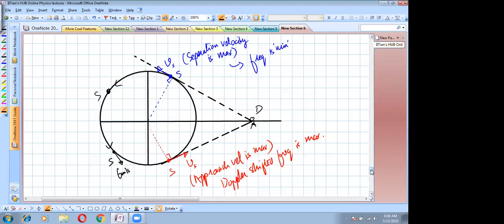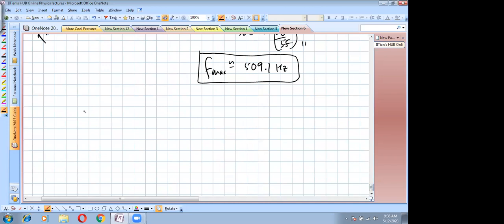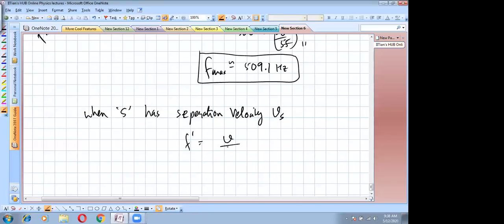So just for the benefit of others, I'm showing you how to calculate the minimum frequency. So when the source has separation velocity of Vs, then the Doppler shifted frequency f prime becomes V upon V plus Vs times f.